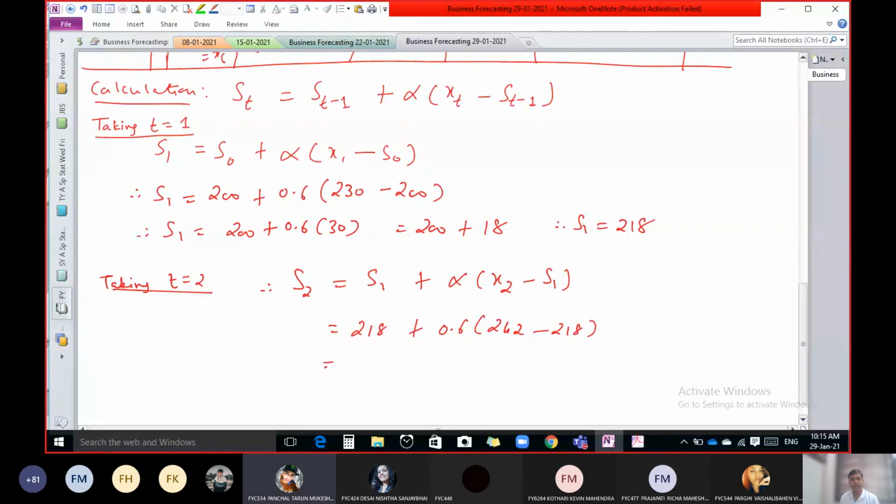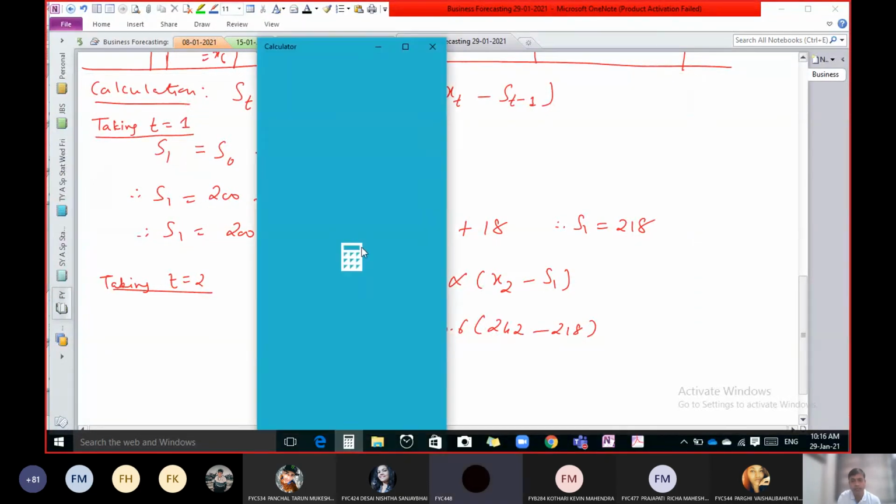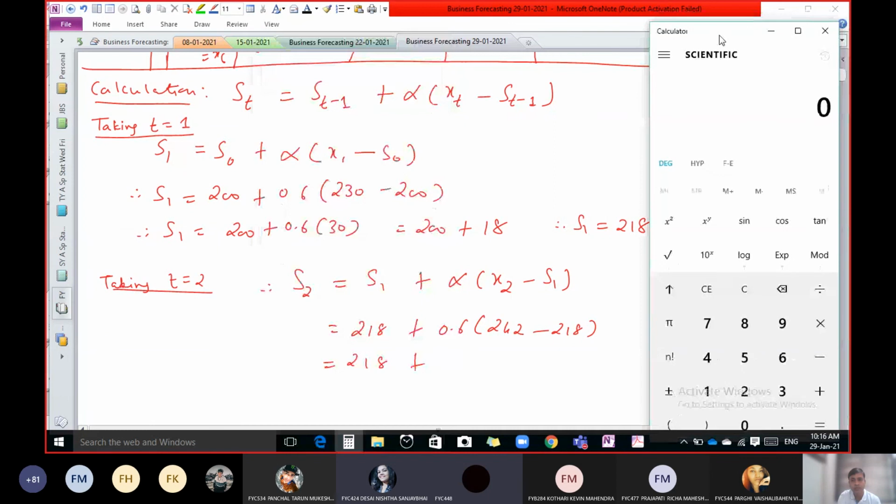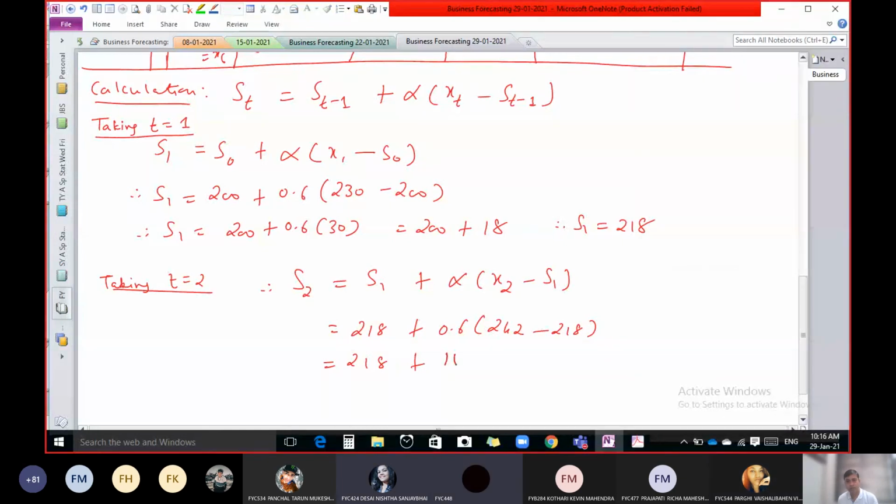Do the calculation and tell me the value. 242 minus 218 is 24, into 0.6 is 14.4, plus 218 is 232.4.